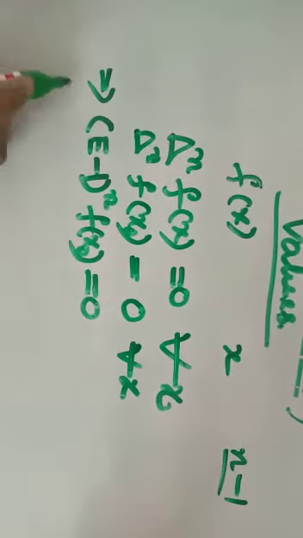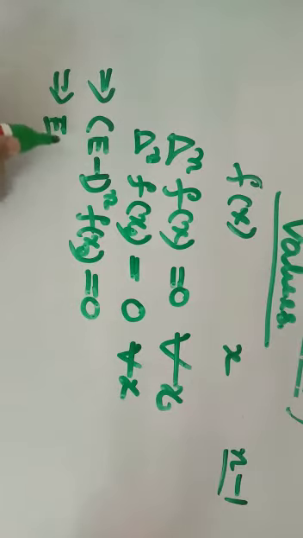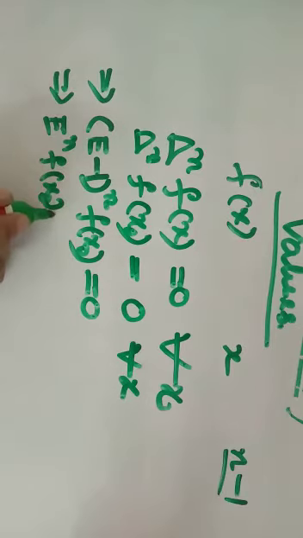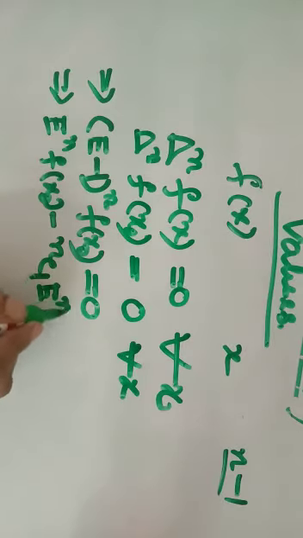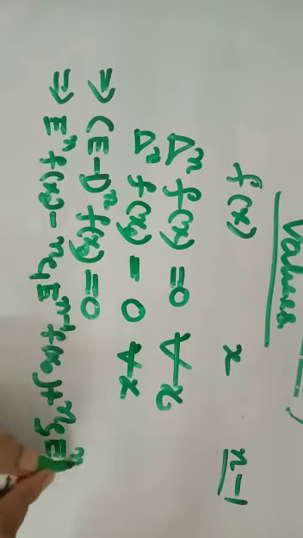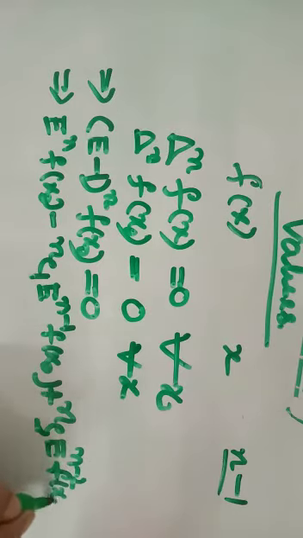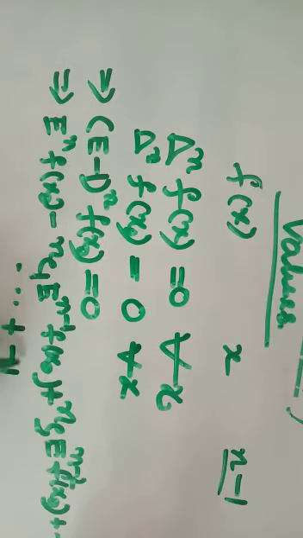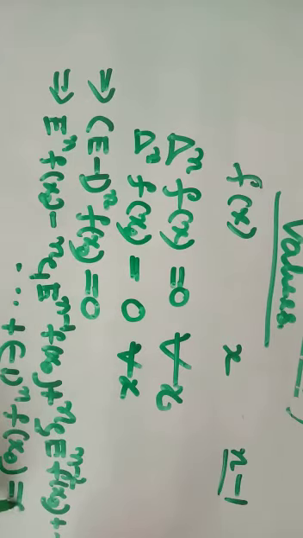Now, (E minus 1) whole to the power n is equal to E to the power n f(x) naught minus nC1 E to the power n minus 1 f(x) naught plus nC2 E to the power n minus 2 f(x) naught plus etc. plus (minus 1) to the power n f(x) naught is equal to 0.